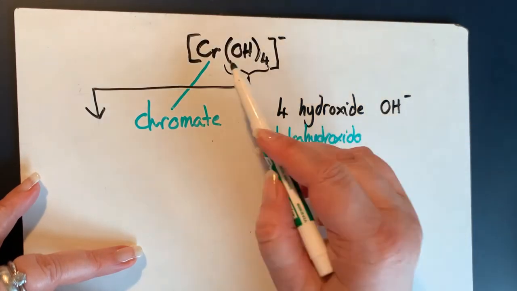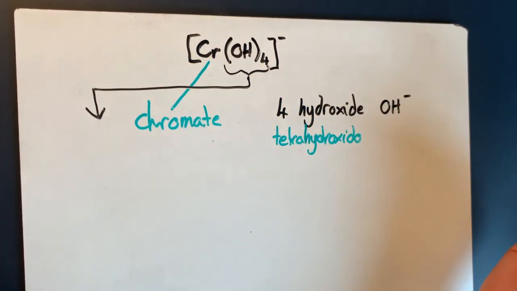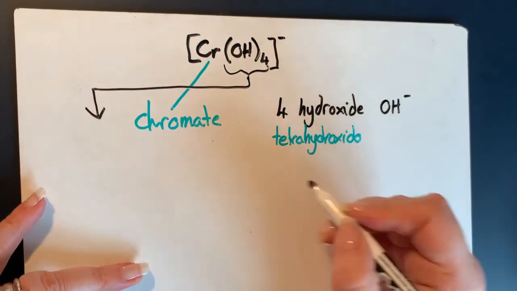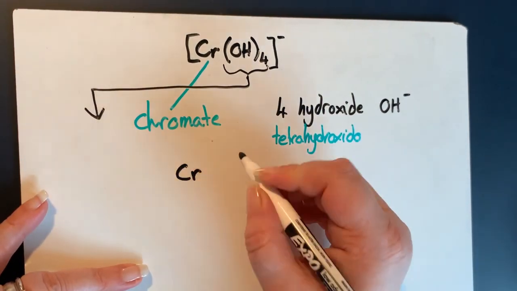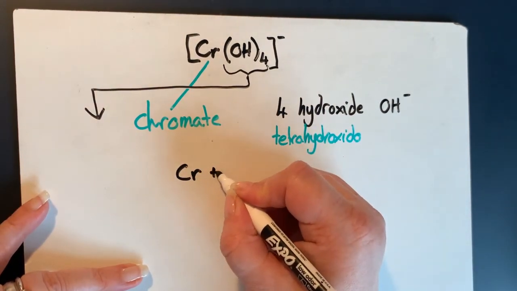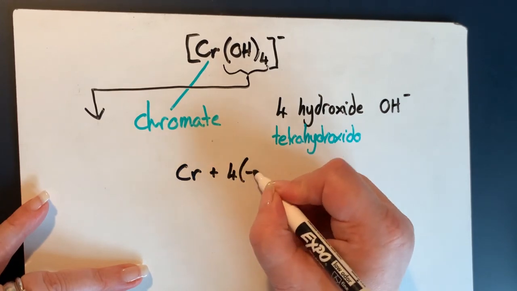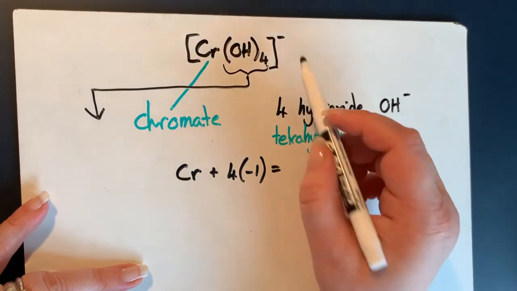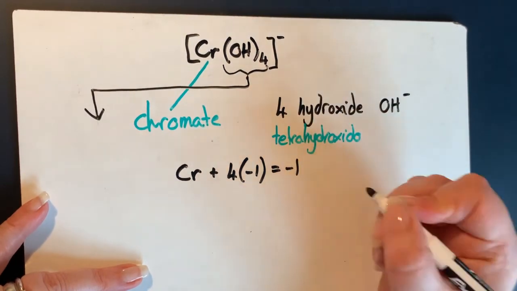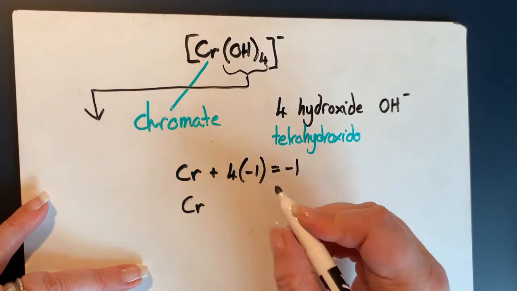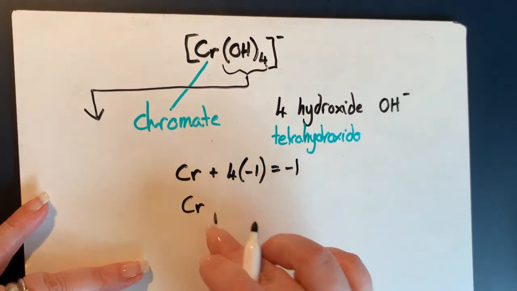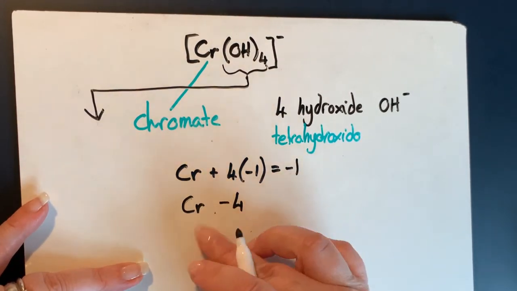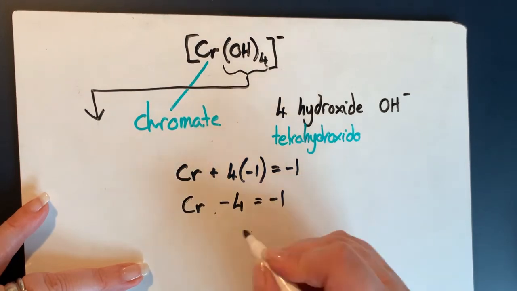Now we need to find out what's the charge on the chromium. So overall, we've got our chromium, we have got 4 -1 charges, and the whole thing equals -1. So our chromium minus 4 equals -1.